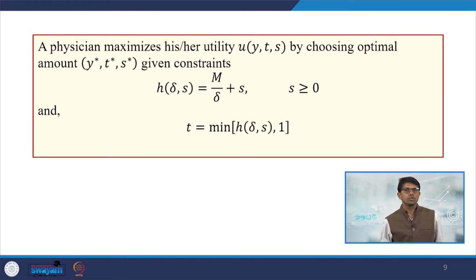Given the constraint, as I already mentioned, that is your induced supply function, H should be equalized with m upon delta plus s, that is the total induced supply, and H should be strictly positive, and T should have a minimum level of H and 1.